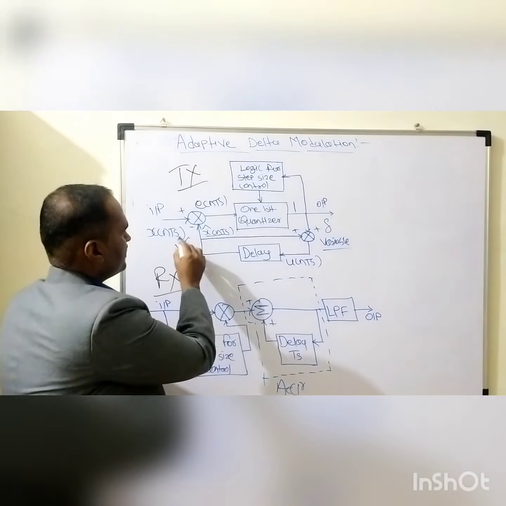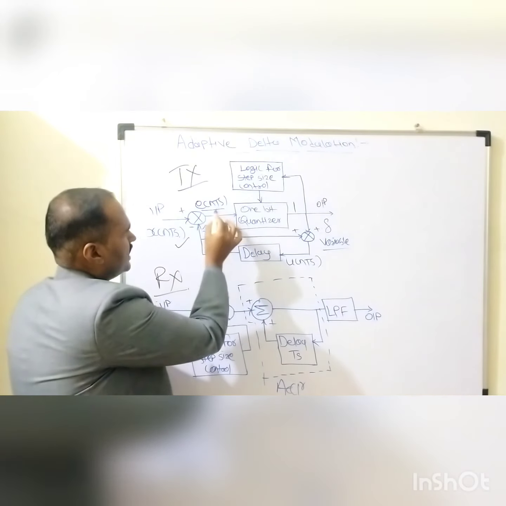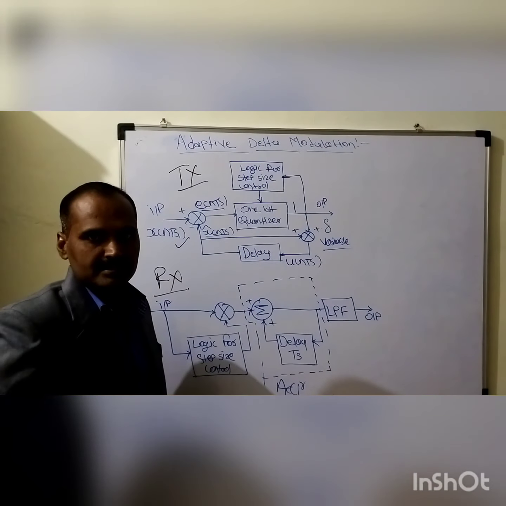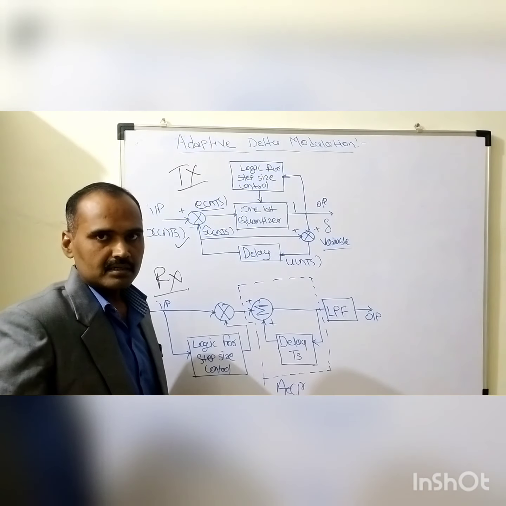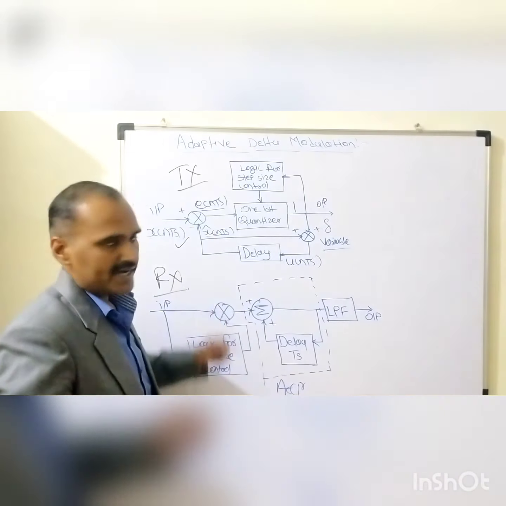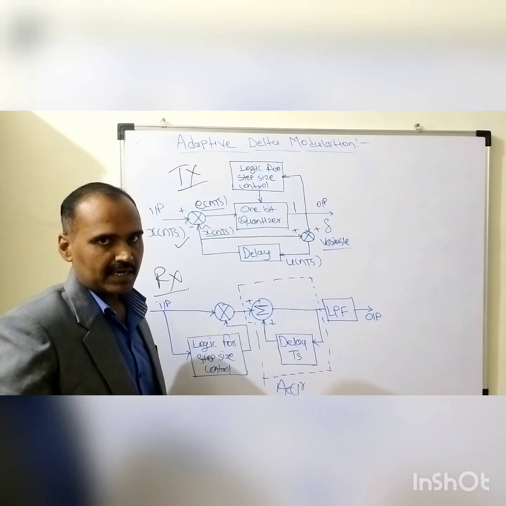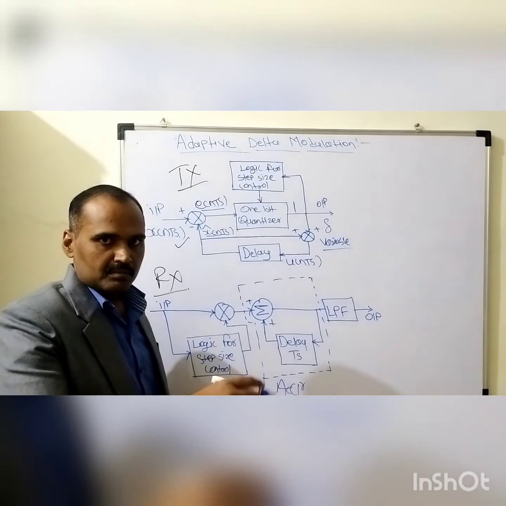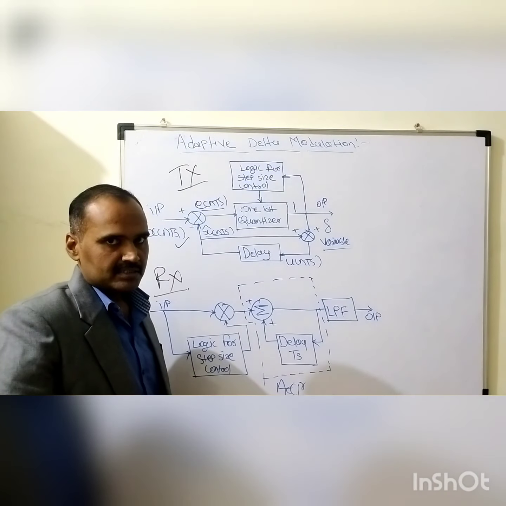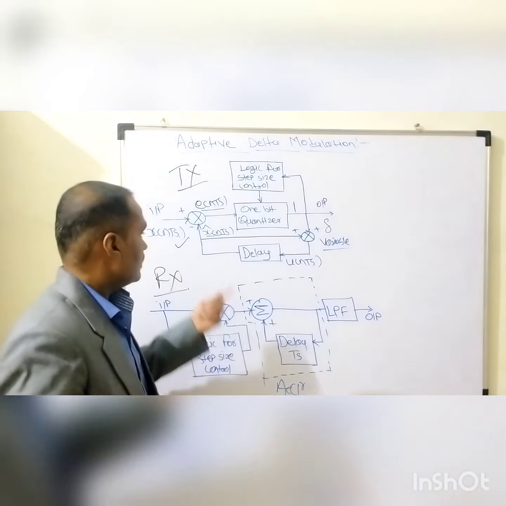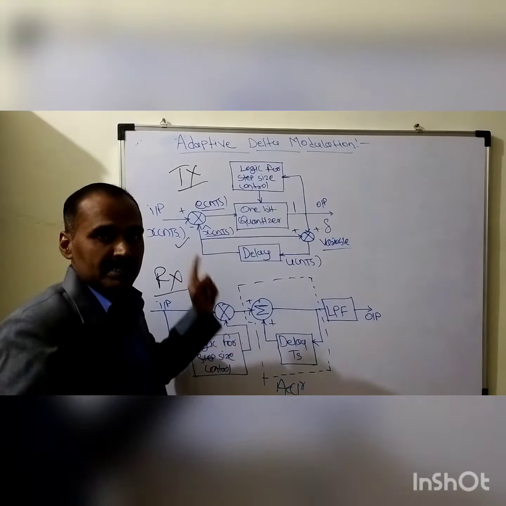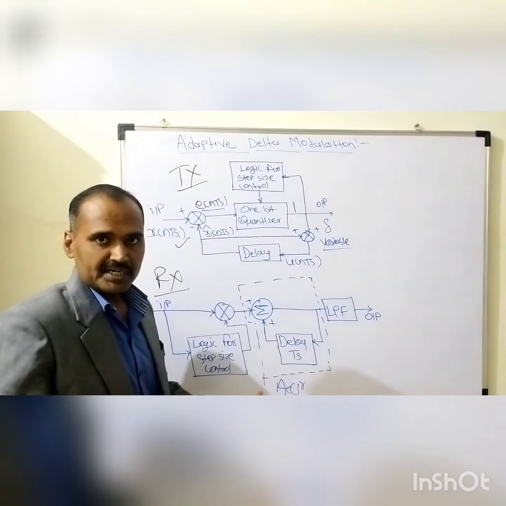The difference between these two signals is being encoded by this first comparator, whose output is e of nTs. E stands for the error signal, either plus or minus, which depends upon which signal level is greater, either x of nTs or x cap of nTs, right?